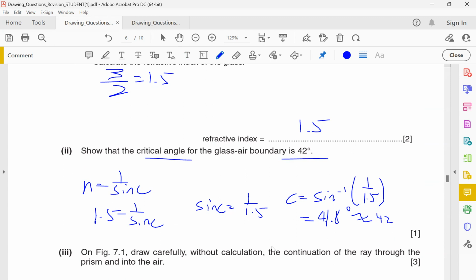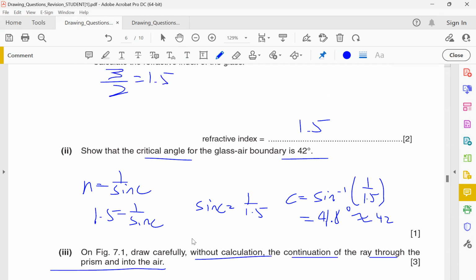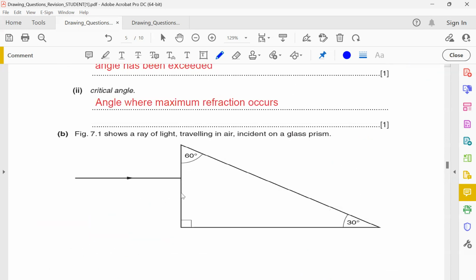Then after that, the next question here is the drawing question. They say draw carefully, without calculation, the continuation of the ray through the prism and into the air. So what's going to happen here is, first and foremost, will this part go through refraction? The answer is no, guys. Any light that's traveling at 90 degrees to the surface will not go through refraction.